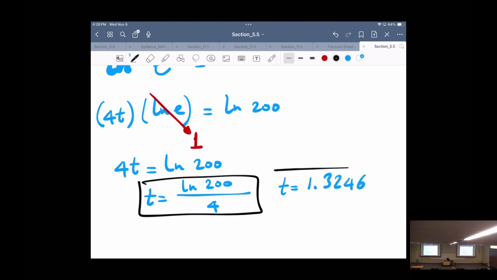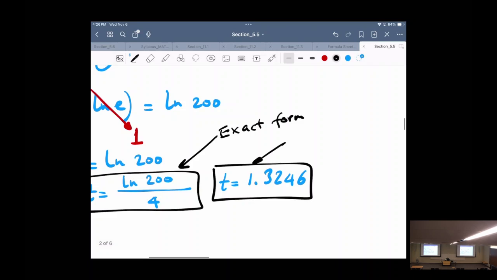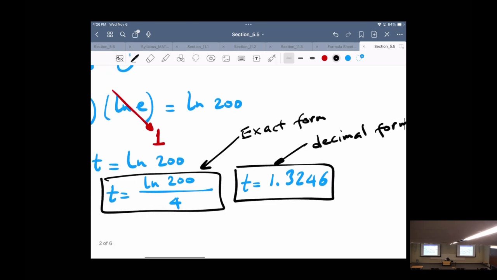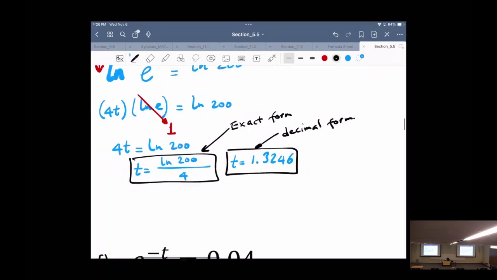So it depends on what the question is asking. Is it asking you to leave your answer in exact form, or to write your answer in decimal form? So you can do that. All right.